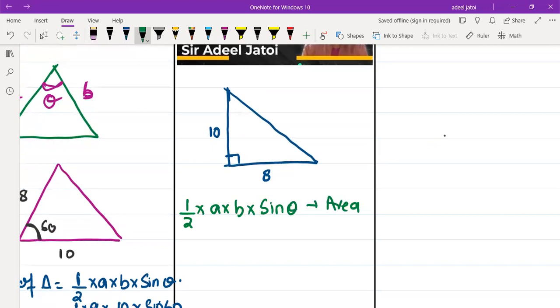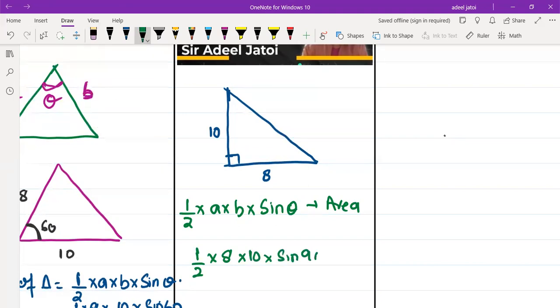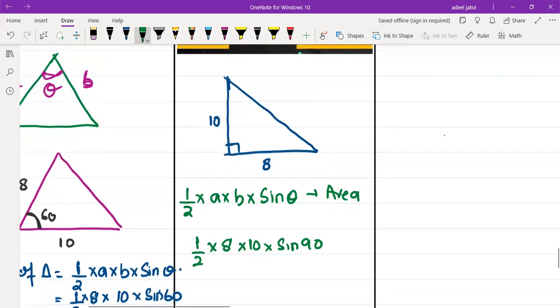Using this, can we say half into 8 into 10, sine theta will be what? Theta should be 90 here. And sine 90 is always equal to 1.